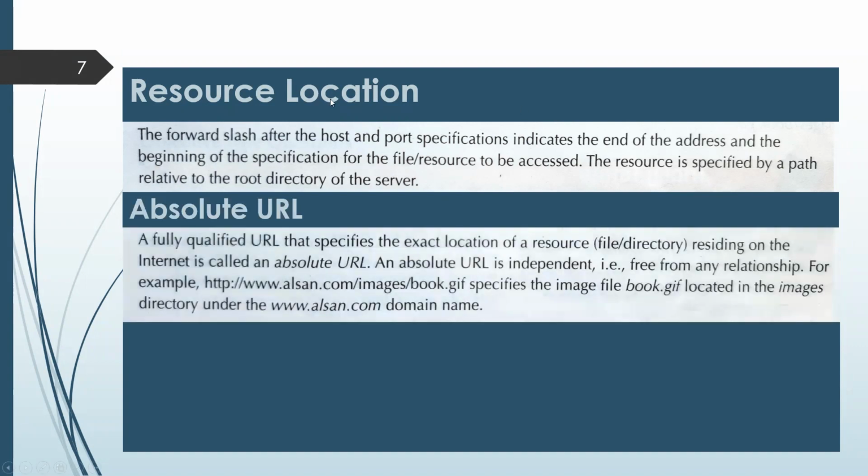A fully qualified URL that specifies the exact location of a resource, file, object, directory residing on the internet is called an absolute URL. An absolute URL is independent, that is free from any relationship. For example, www.elsan.com/images/book.gif specifies the image file book.gif located in the images directory under the elsan.com domain name.